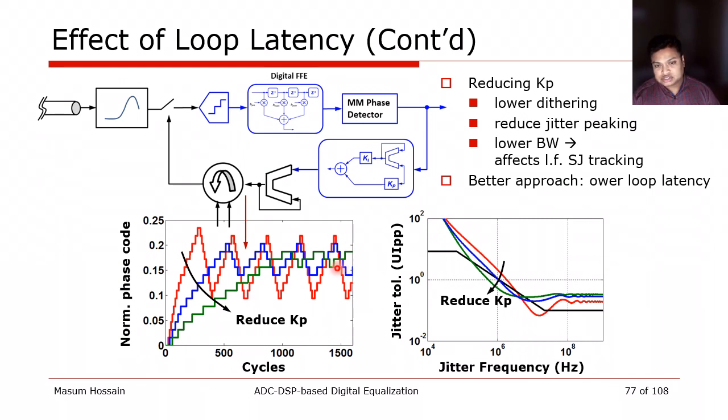But such reduction also reduces the bandwidth, as we can see from this plot that it takes much longer to settle around the target. This reduction in bandwidth means in the jitter tolerance we shift towards the left. So although we avoid the dip, we still violate the timing margin in jitter tolerance.